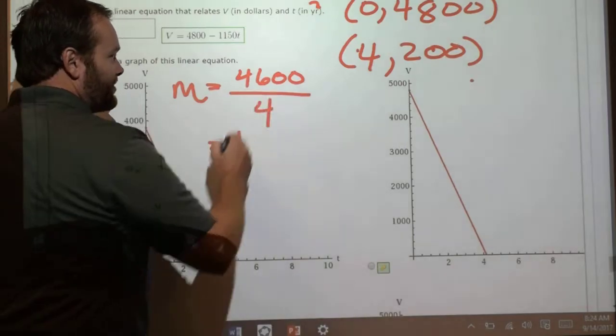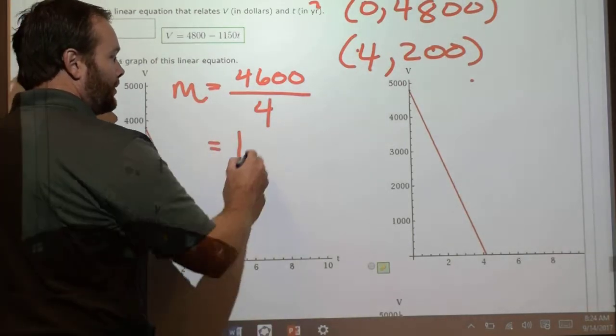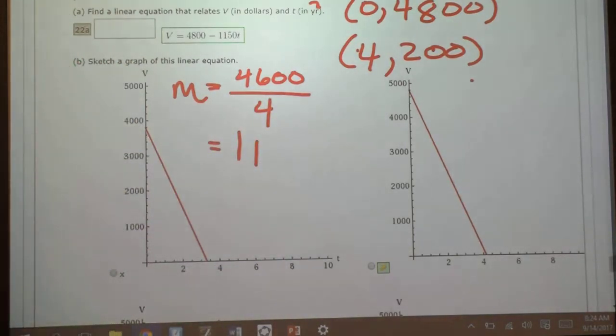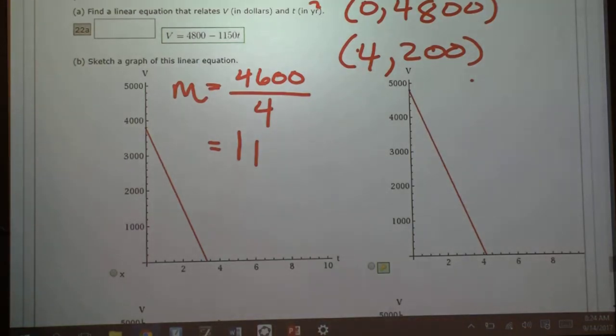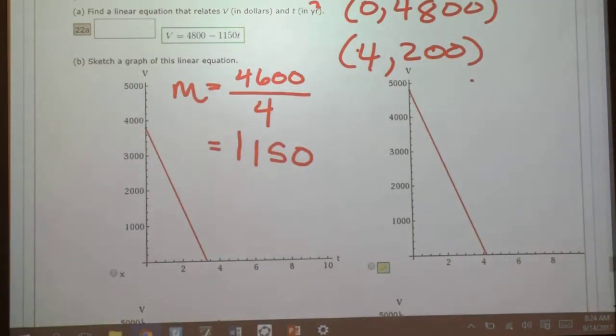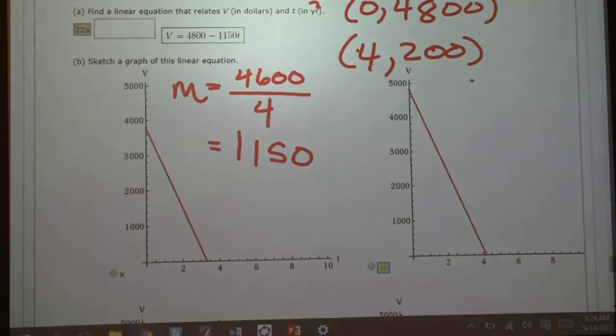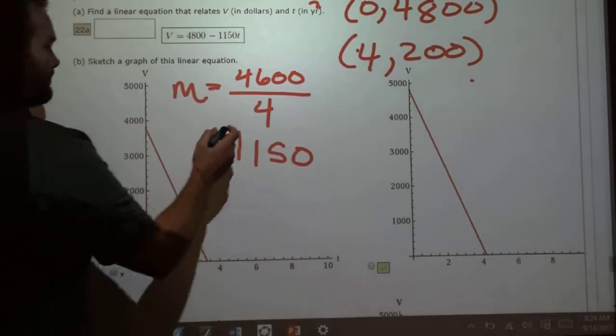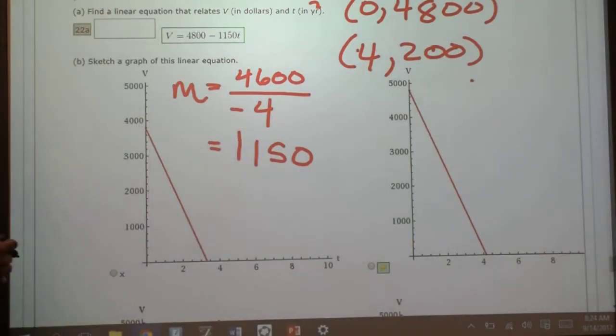Well, how many times does it go into 6? Once, and it'll leave you a 2 over as a remainder. Bring the zeros down, so you've got 200. How many times does 4 go into 200? 50, right? So 1150 is my slope, correct? Shouldn't that be negative? Yes, because that was negative. So slope is negative 1150.